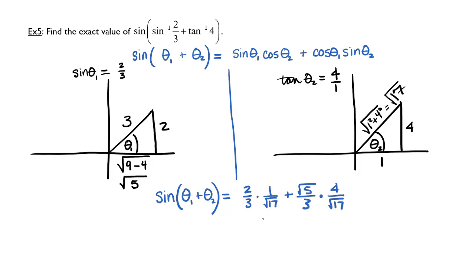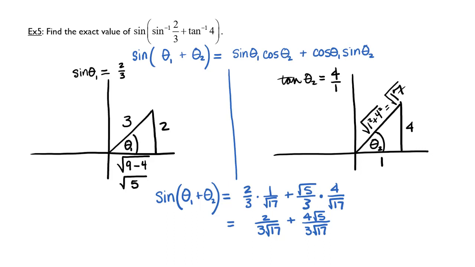If I simplify this, I get 2 over 3 root 17 plus 4 square root of 5 over 3 root 17.